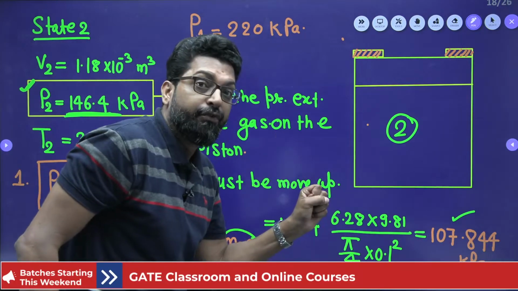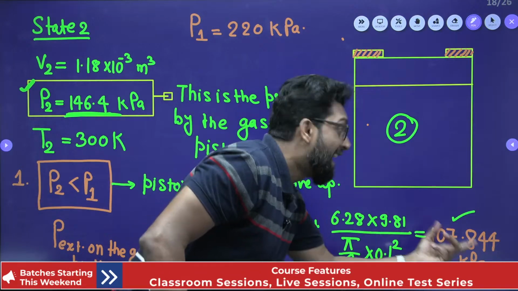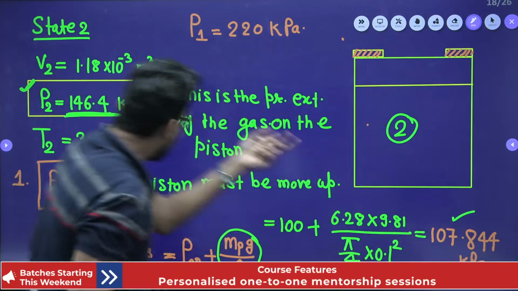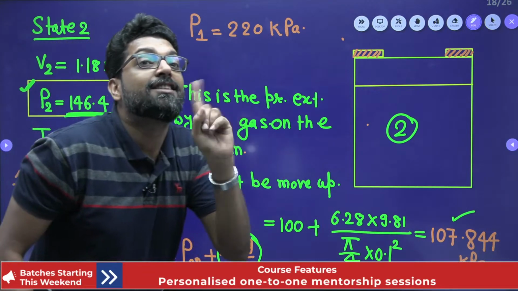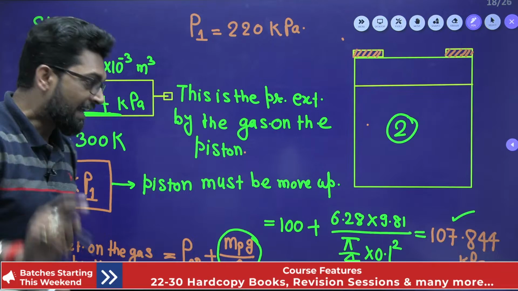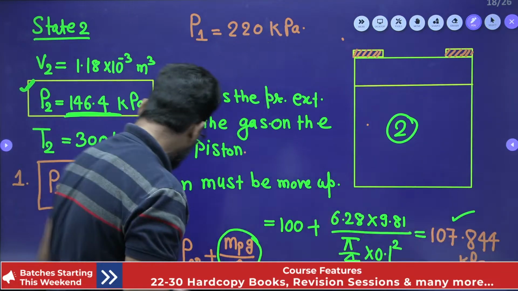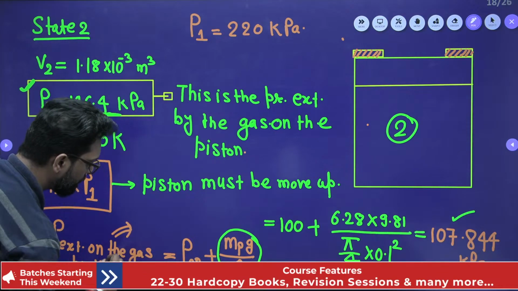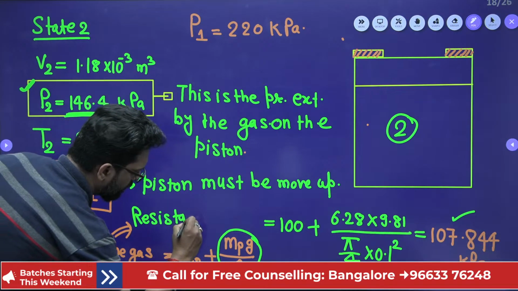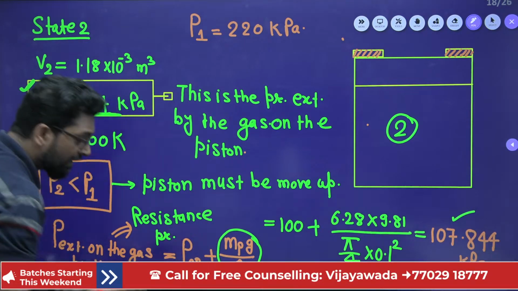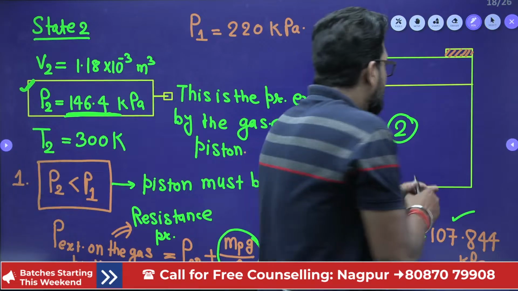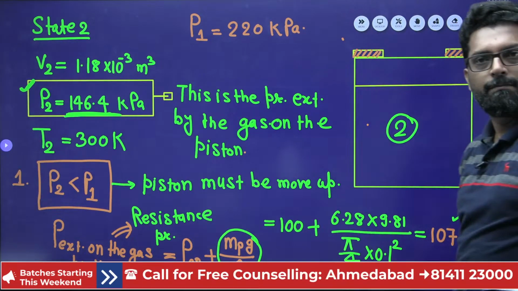If this pressure is higher than this pressure, that means the piston does not touch the stop. This is very clear. That means the external pressure is a resistance pressure. The resistance pressure is lower than the system pressure. That means the system pressure is able to touch the stop.